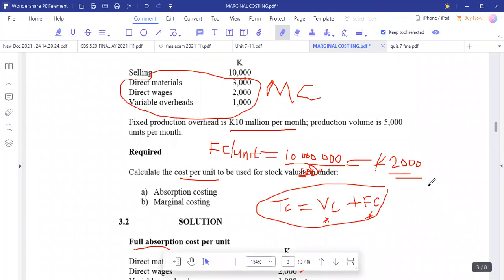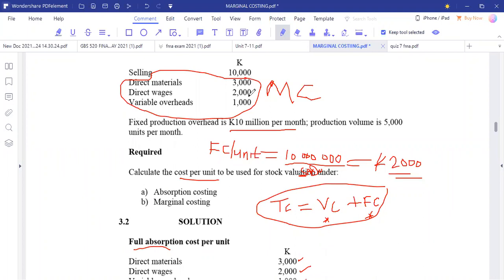So the 2,000 that we have found here, we need to add it to these figures that we have here for direct materials of 3,000, direct wages of 2,000, and variable overheads of 1,000. We need to account for it as we look at absorption costing, because absorption costing is a full costing that considers both the variable cost and the fixed cost of the product.